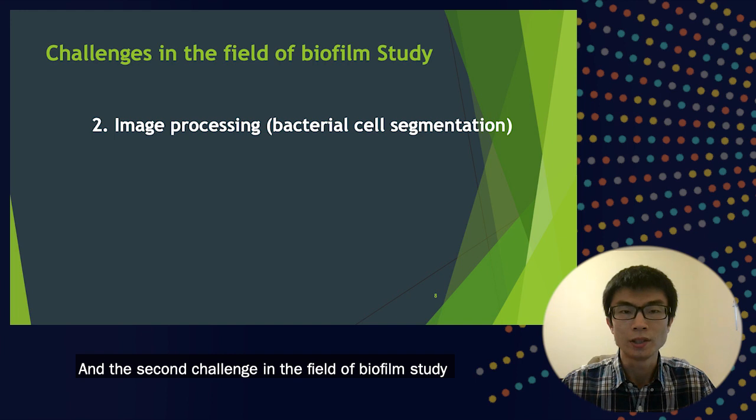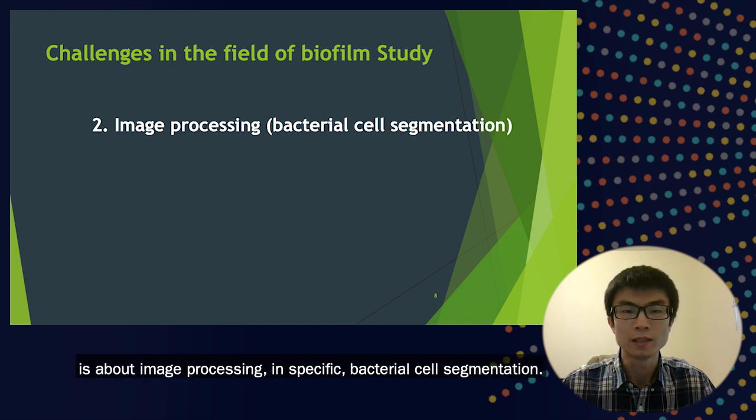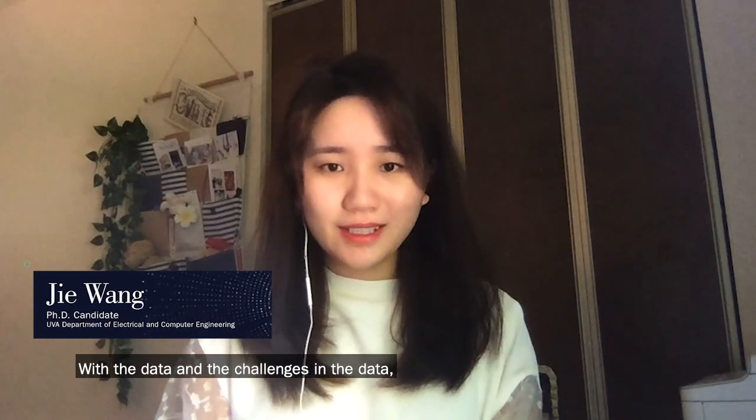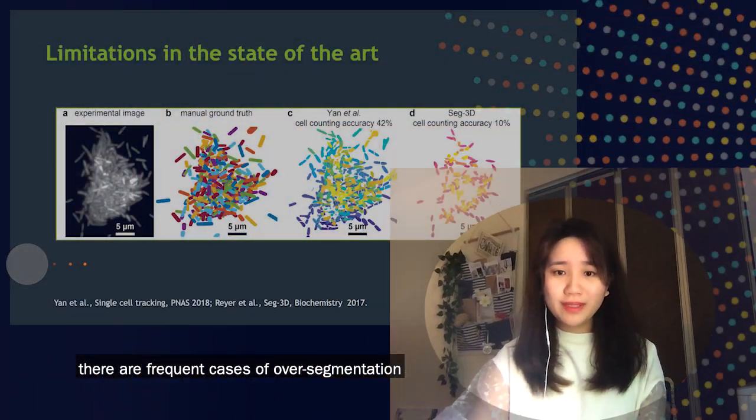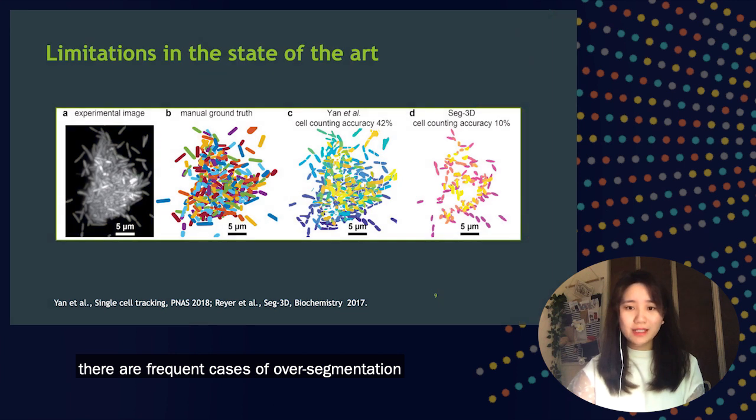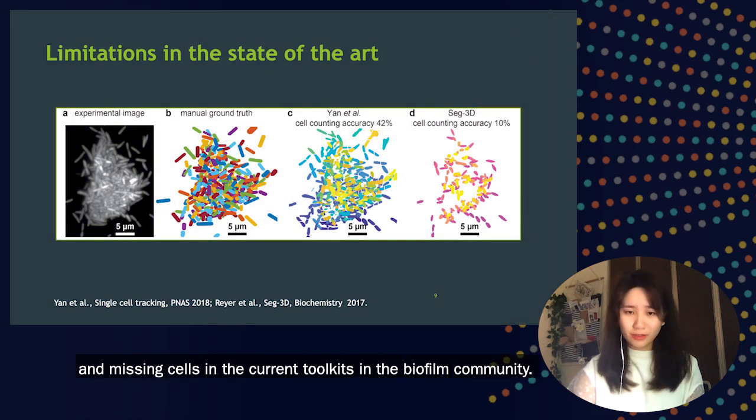The second challenge in the field of biofilm study is about image processing, specifically bacterial cell segmentation. With the data and the challenges in the data, there are frequent cases of over-segmentation and missing cells in the current toolkits in the biofilm community.